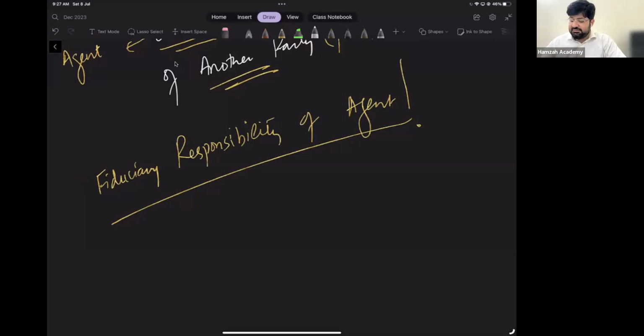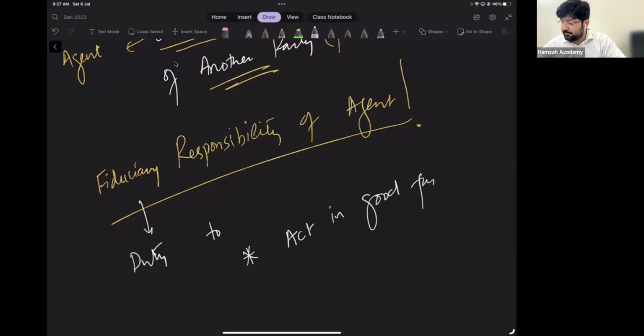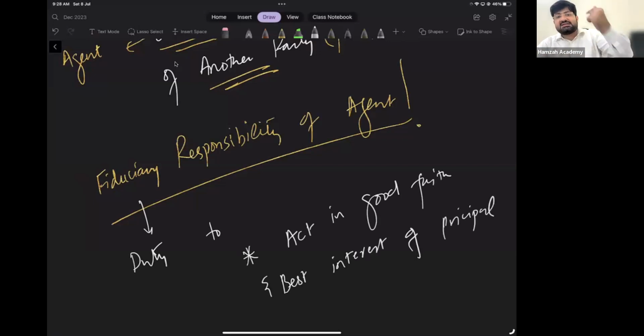Fiduciary responsibility means the duty, number one, to act in good faith and in the best interest of the principal. If Ashna is buying something on my behalf, then in that transaction she should regard and take care of my interest.